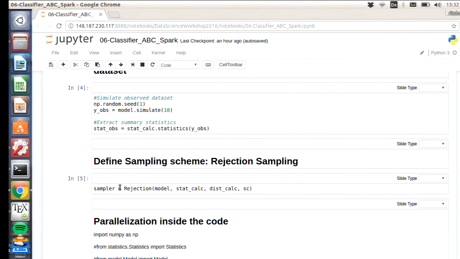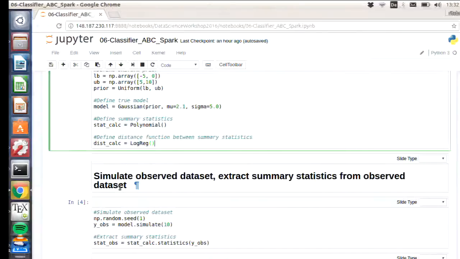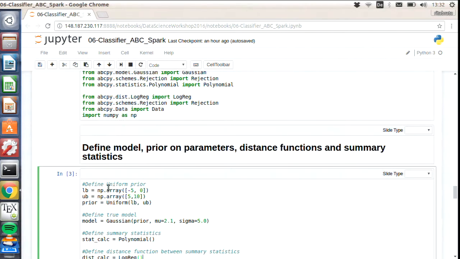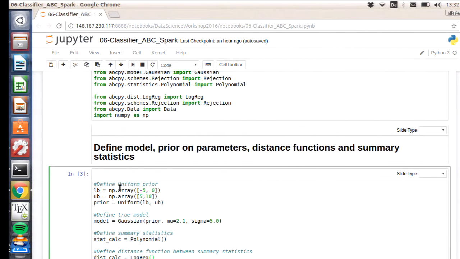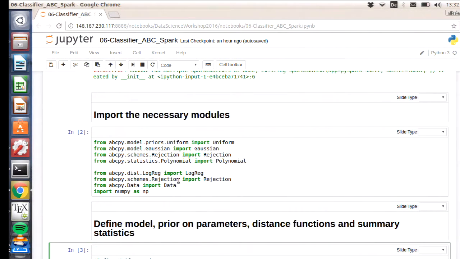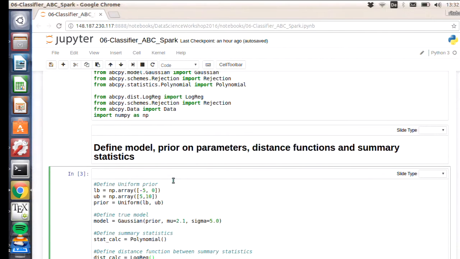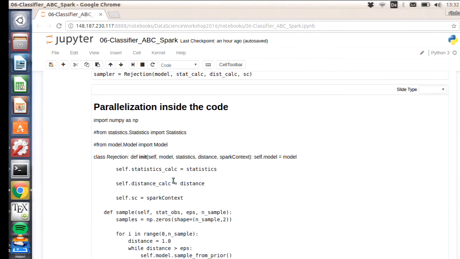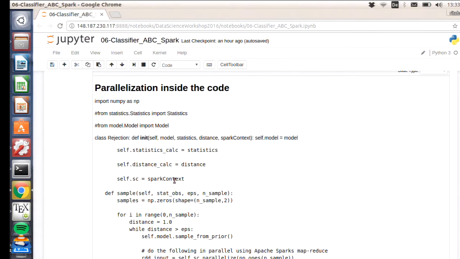That's the part that comes now. We only needed to do the Spark inside the MC sampling, when we go for a theta, simulate it, extract the statistics, and bring them back together. All of this happens in the rejection sampling code. So I will go inside the rejection sampling code and have a look at how this works.